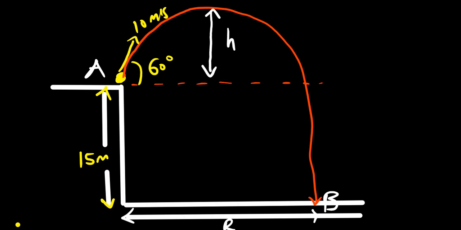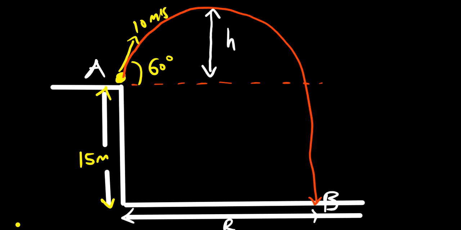Because we just talked about the first one and the second kind of projectile. So for this one, you have to also know how to find the time of flight for this kind of projectile motion. Okay, so let's first find the height. Okay, first let's find this height.